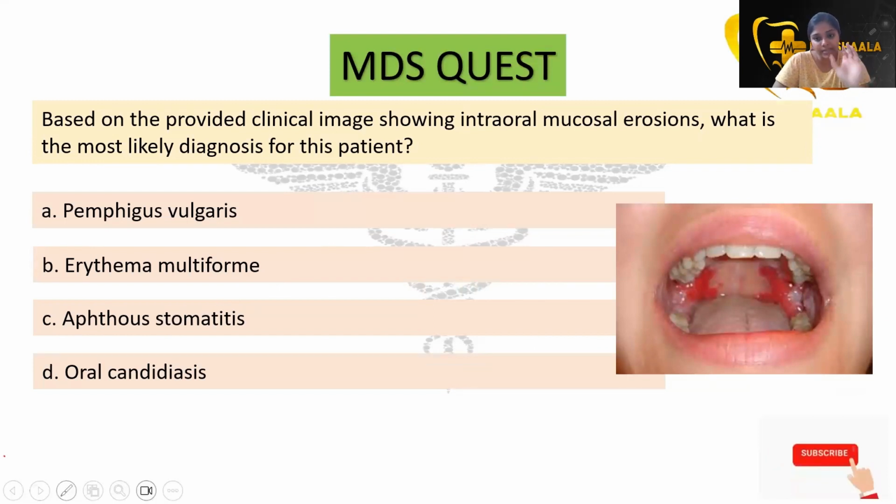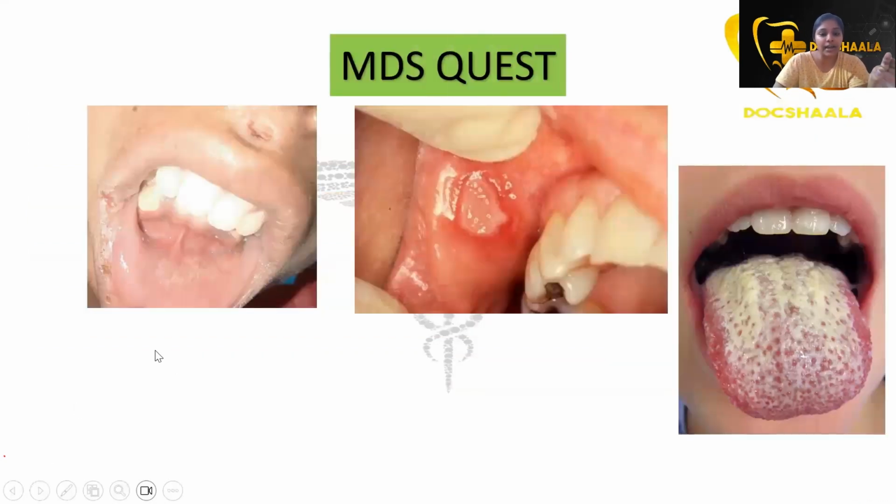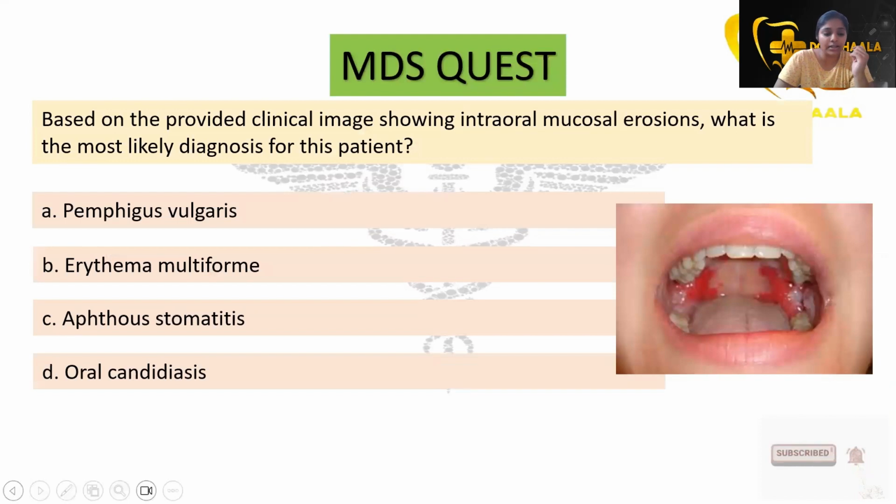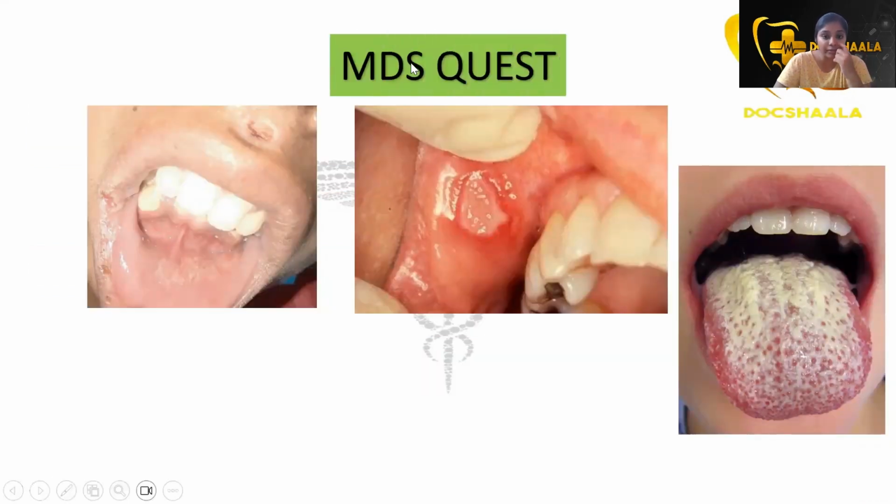In pemphigus, there will be blister formation. Recurrent aphthous stomatitis will be like an ulcer. And one more they have given, oral candidiasis: there are white patches seen. The other one is erythema multiforme. Erythema multiforme will not be seen as a blister formation; it is seen as a flat lesion.